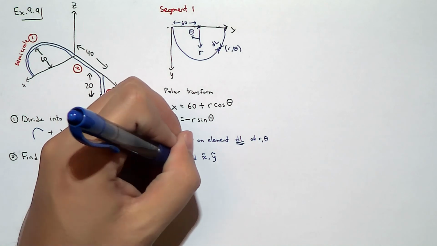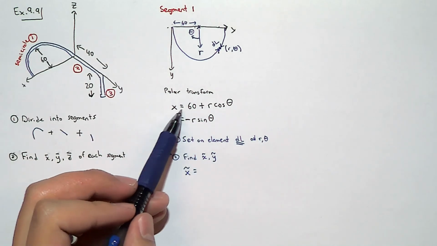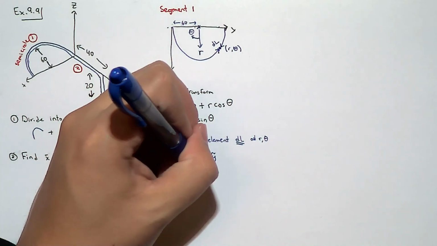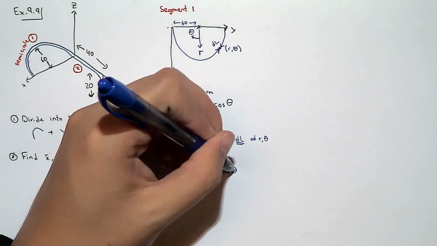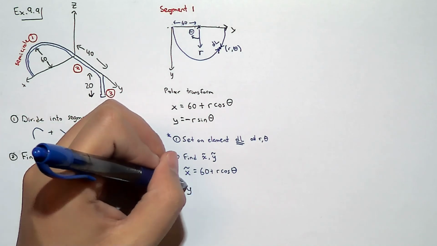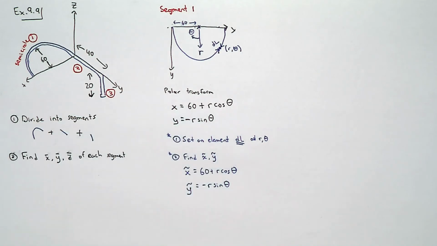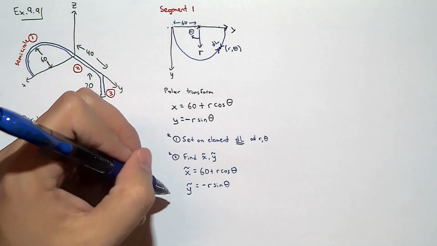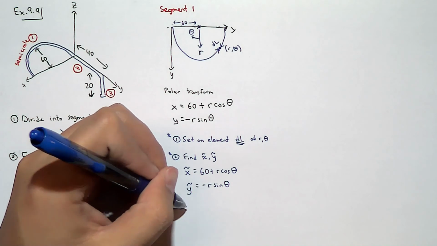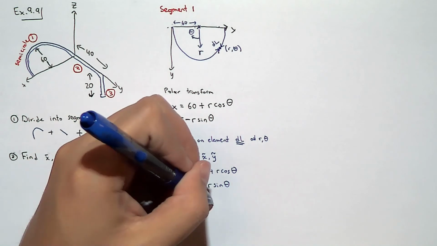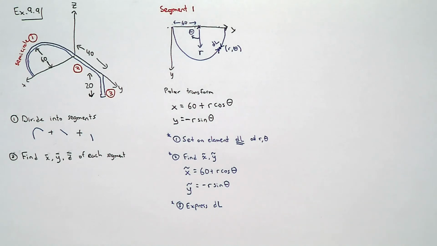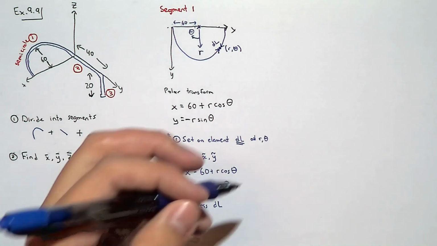So I can say that x squiggly simply equals x, and in this case we know that x equals 60 plus r cosine theta. y squiggly equals y, but we know that y equals negative r sine theta. You may recall that the third step was to express our differential dimension in terms of our differential, I guess our differential coordinate. In this case, dL can be expressed in terms of d theta.